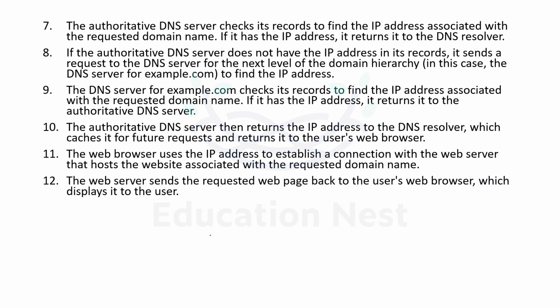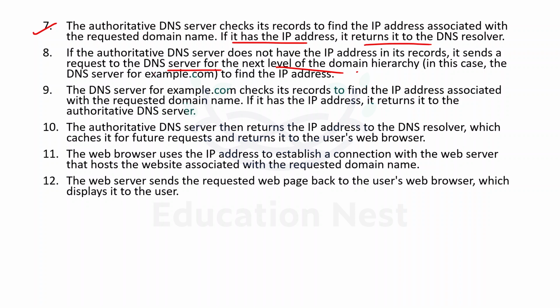The next step is that the authoritative DNS server will check its record to find the IP address. If it has the IP address, it will return it to the DNS resolver. But what if the authoritative DNS server does not have the IP address? Then it sends the request to the DNS server for the next level of the domain hierarchy, that is the second level of the domain.